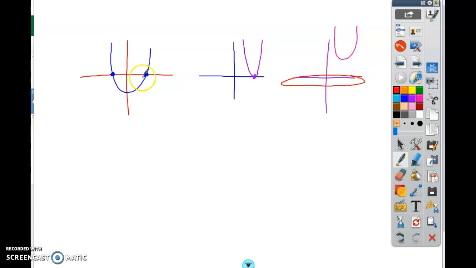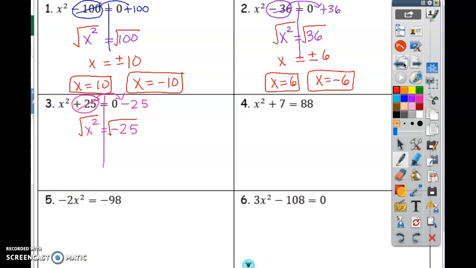So 2 solutions here, 1 solution here, no solution here. So what's the answer to this problem? No solution. Okay, it cannot be done. No solution.